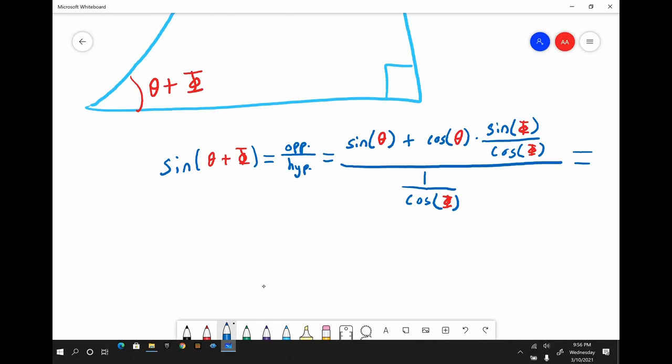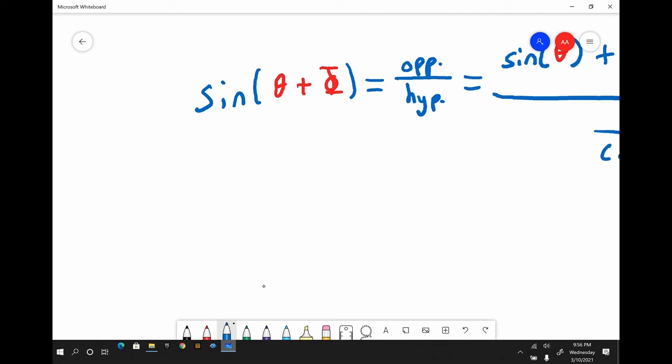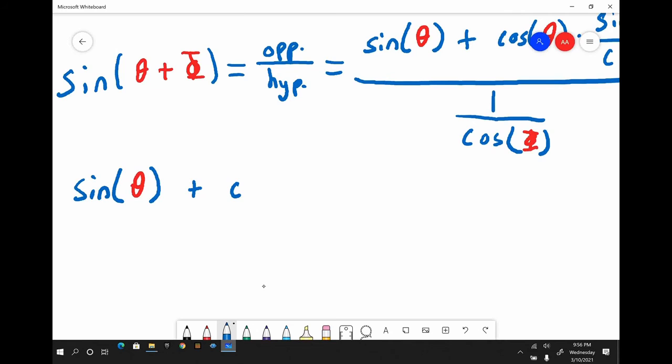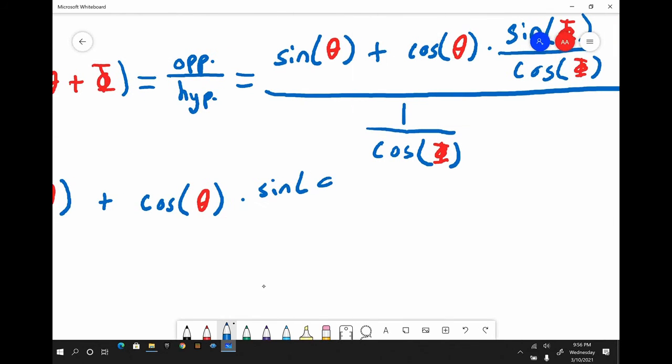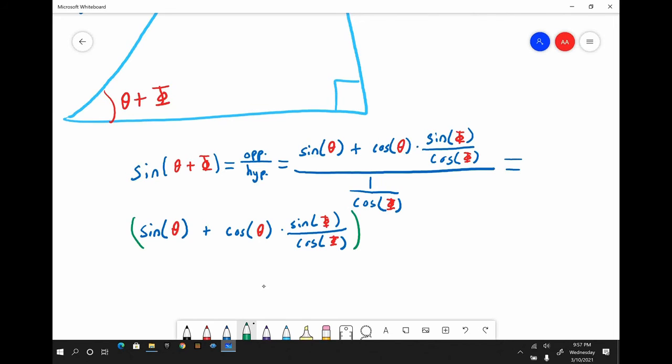So we'll have the sine of theta plus phi is equal to the sine of theta plus the cosine of theta times the sine of phi over the cosine of phi, and this whole thing is multiplied by the cosine of phi.